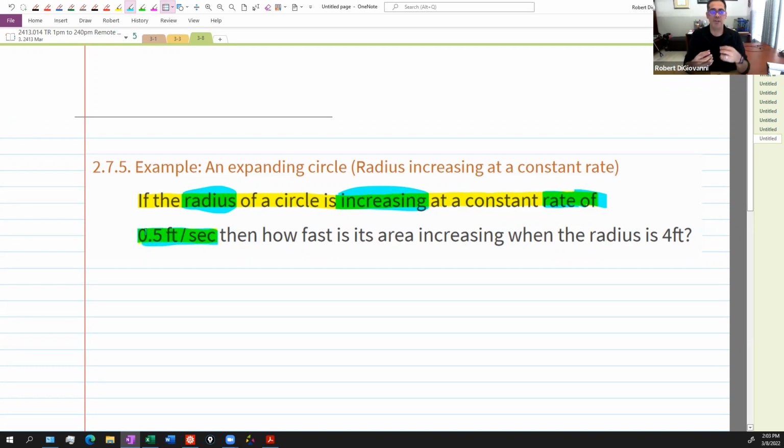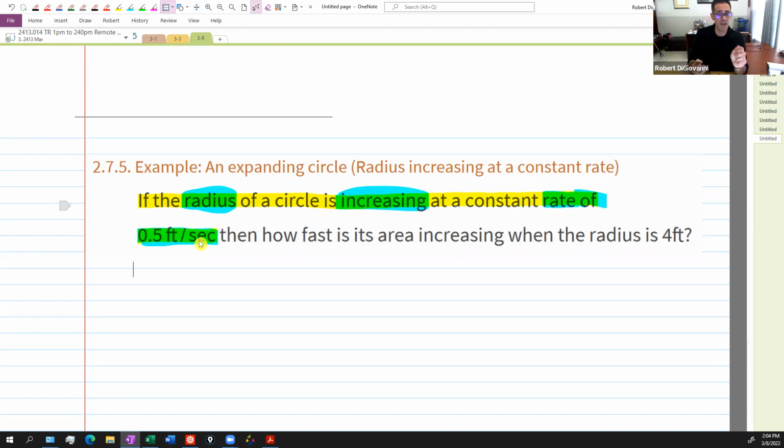They're saying to us, the radius is increasing at a rate of 0.5 feet per second. That is a speed, right? 0.5 feet per second is how fast something is changing. Do you all agree? Like when you look at your speedometer, 25 miles per hour, it's a distance divided by time, a length divided by time, feet divided by seconds. That's a speed. Speed is a derivative.